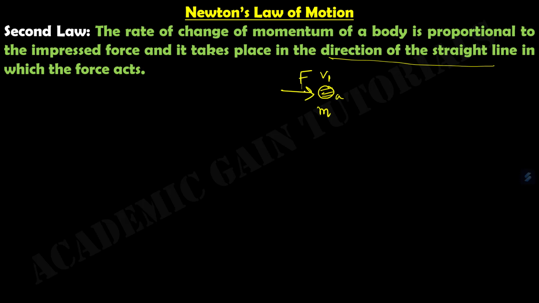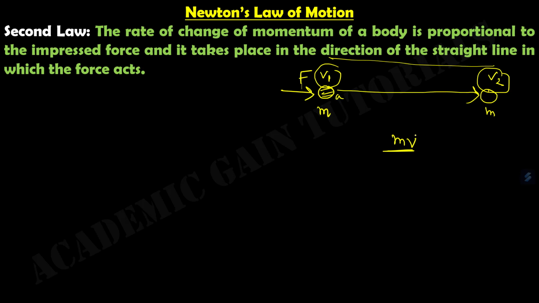If I apply the force on the right side of that marble, the marble will move in a straight line along this path, and after the force is applied, the marble will have velocity v2. So this is its initial velocity, and this is its velocity after applying a force. We know momentum is velocity times mass.